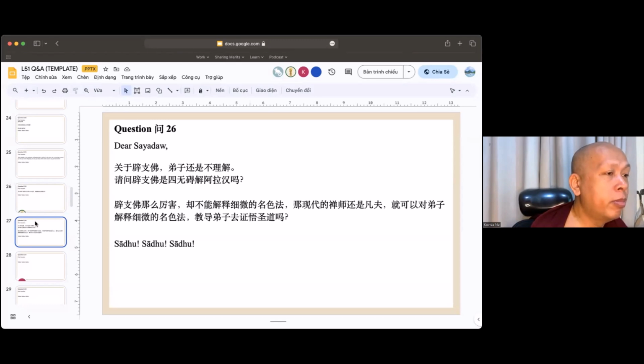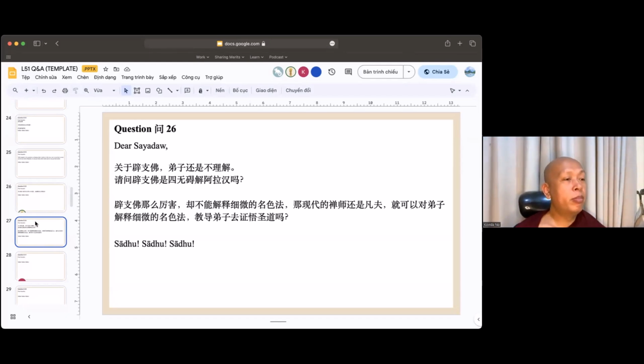Dear Sayadaw, regarding the question on Pacceka Buddha, she doesn't understand. She would like to ask, is a Pacceka Buddha a Patisambhida Nana Arahant? She said that Pacceka Buddha is so powerful, but he still cannot explain the subtle Nama and Rupa Dhamma.